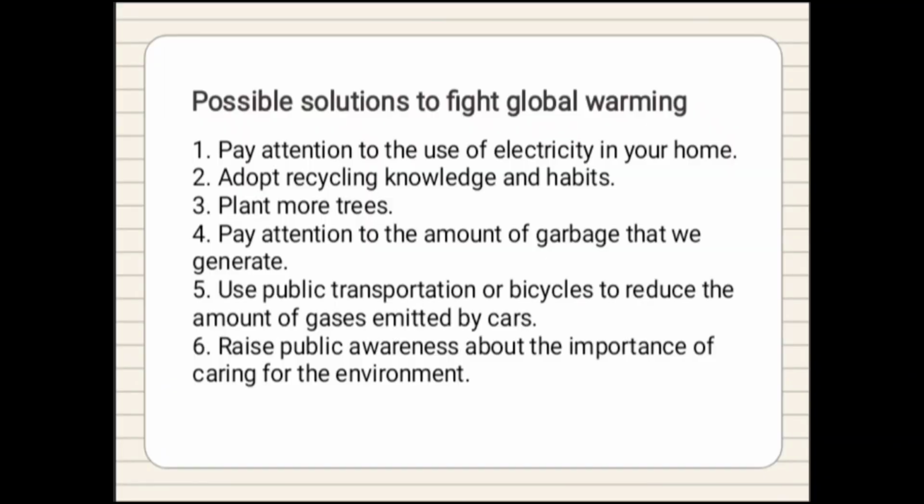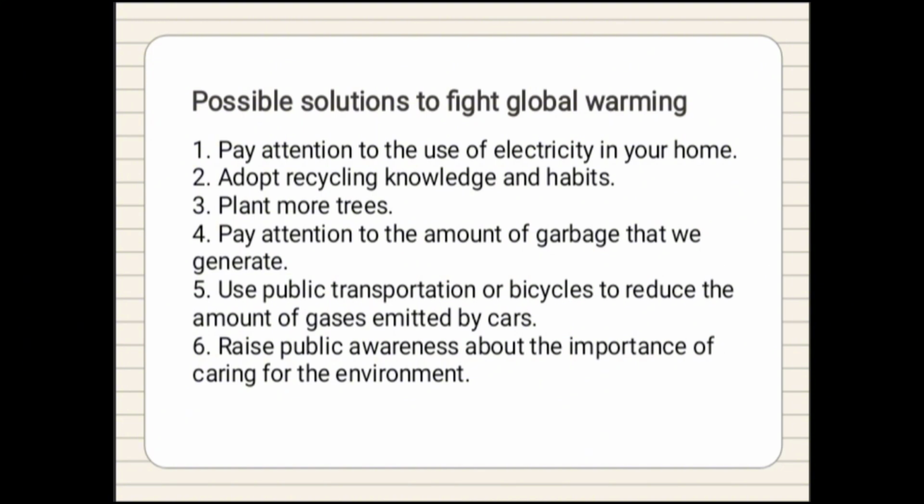So let's go down here. The possible solutions to fight global warming. First, we have to pay attention to the use of electricity in our home. Second, adopt recycling knowledge and habits. Third, we must plant more trees.